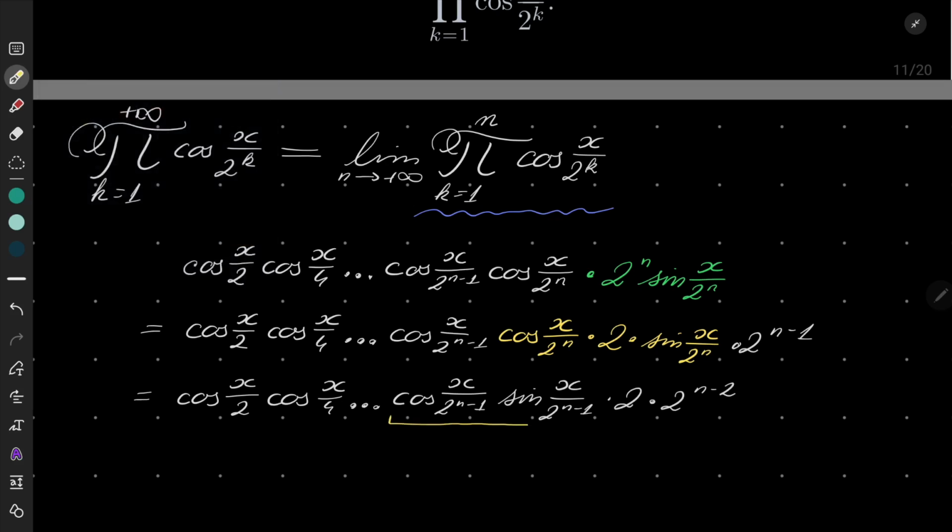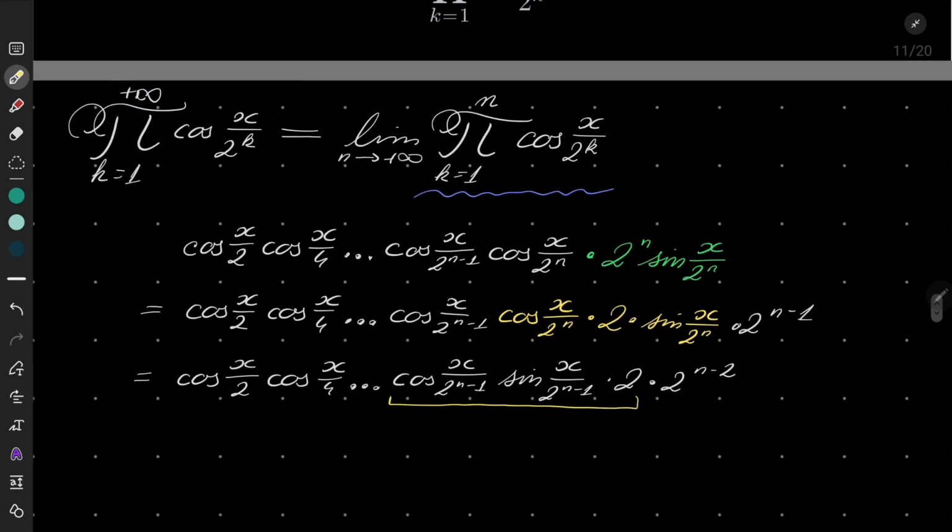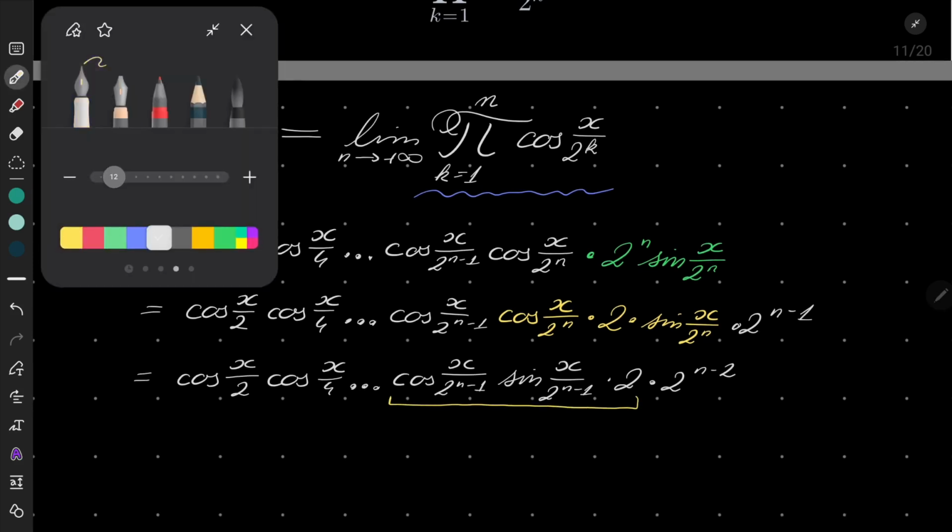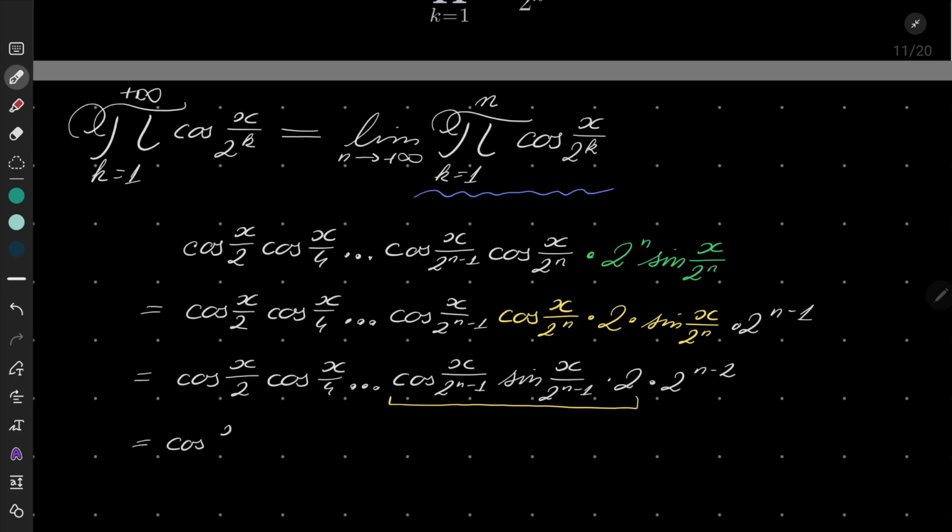And here, again, the same formula can be used. So I will have cosine of x over 2, cosine of x over 4, and so on. The term before this underlined expression will be cosine of x over 2 to the power n minus 2. Then we will have sine of x over 2 to the power n minus 2, times 2 to the power n minus 2.